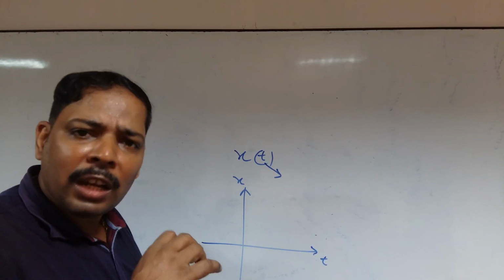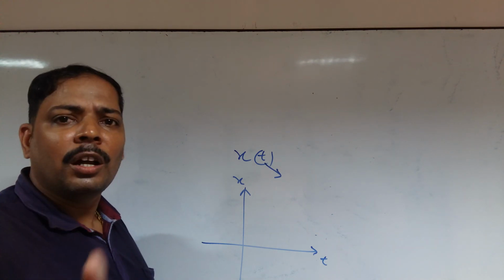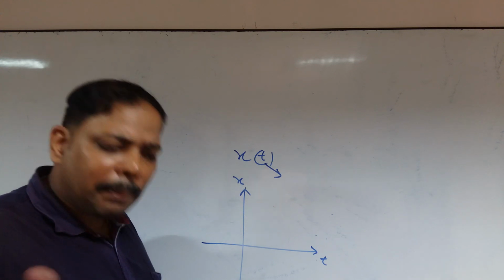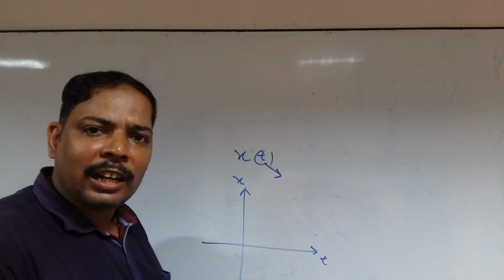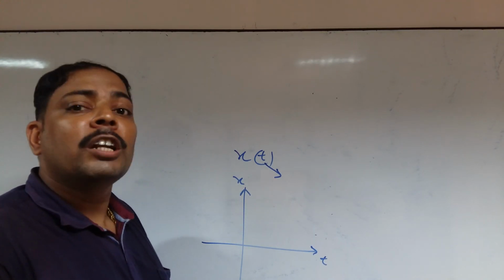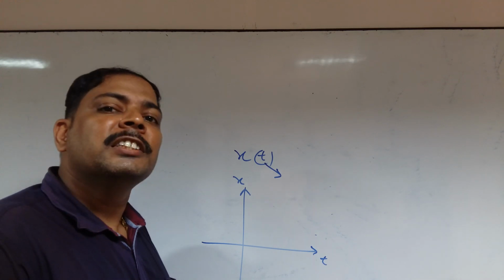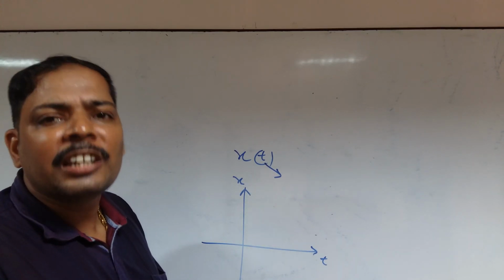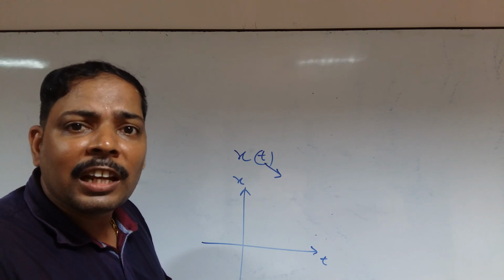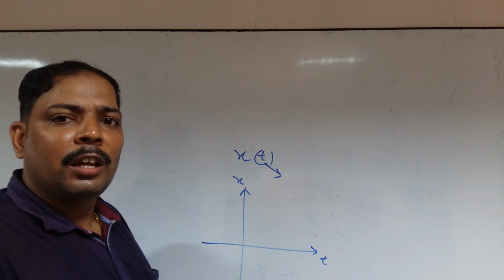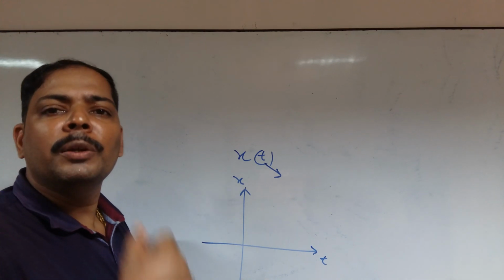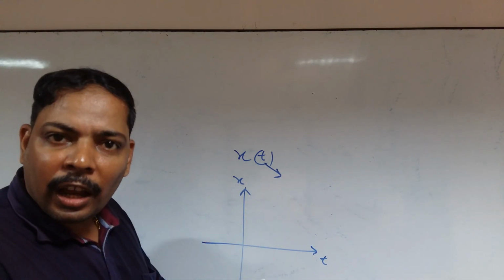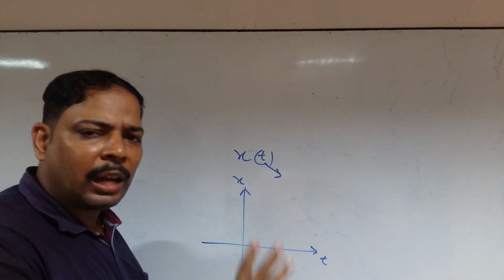No matter what the time may be, continuous or discrete, an analog signal may be continuous in time or discrete in time. Similarly, a digital signal may be continuous in time or discrete in time. So analog signal means continuous in amplitude, digital signal means discrete in amplitude. That part also I have covered.